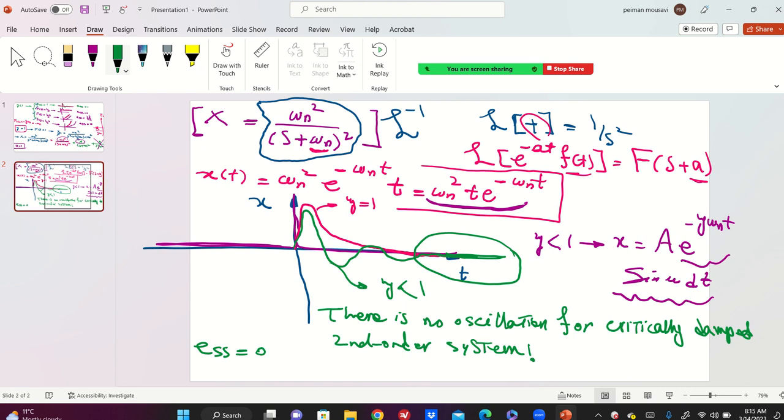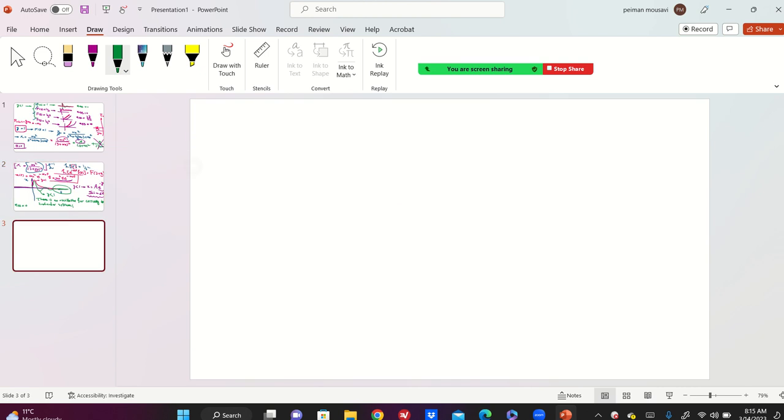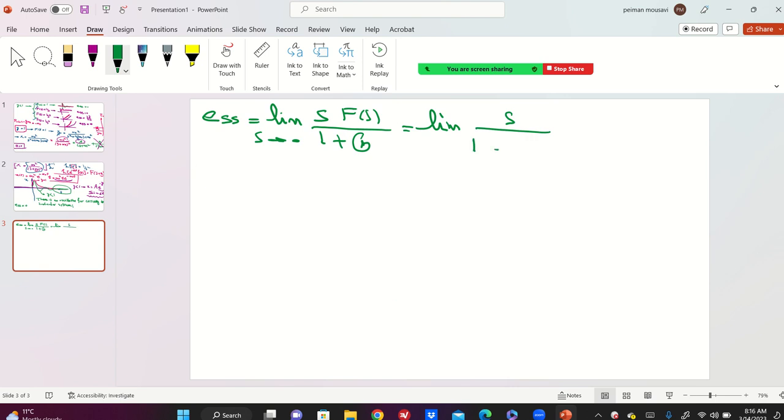Can I go to the next page? Even if you try the final value theorem, with 1 plus g, when s goes to 0, f is 1, impulse, s, 1 plus g.